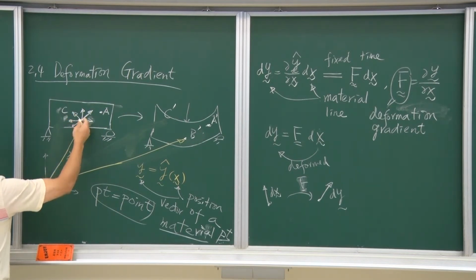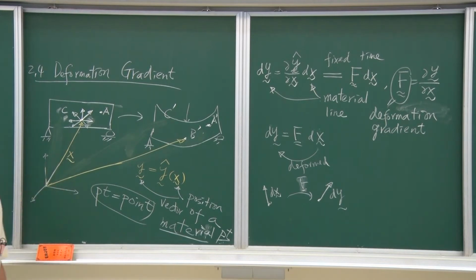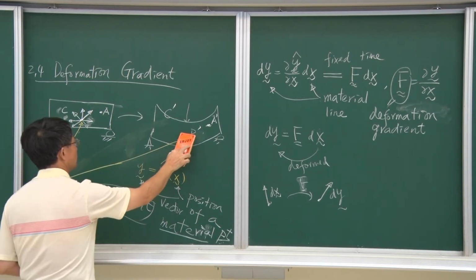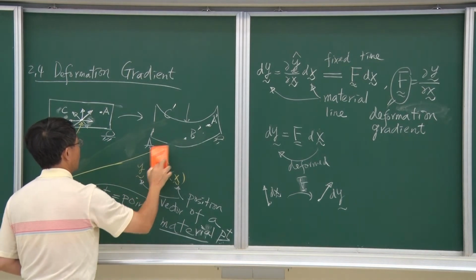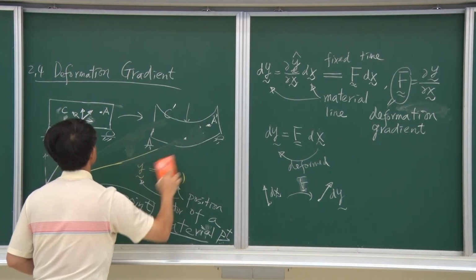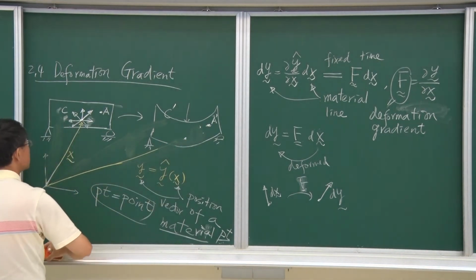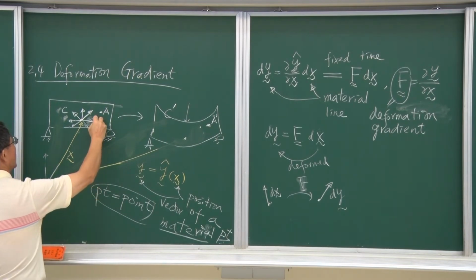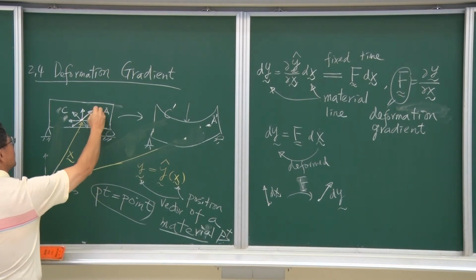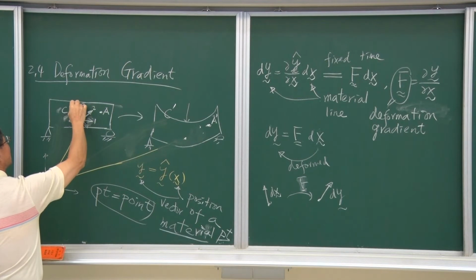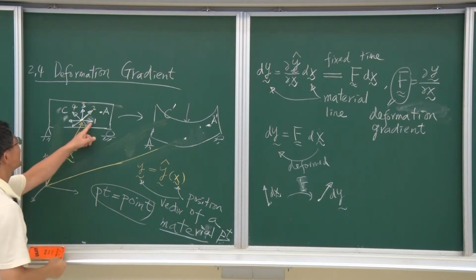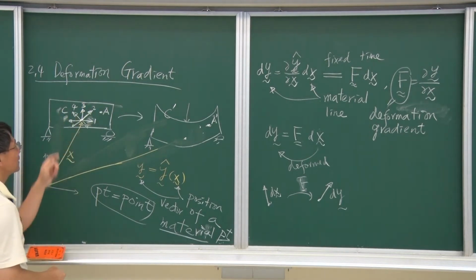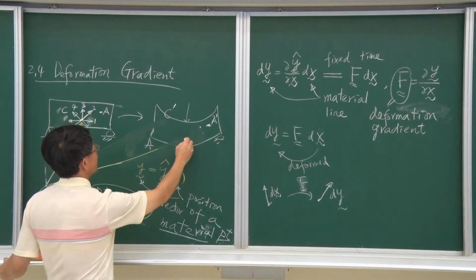See, around a point, we have infinitely many materials, and how they deform, where they go to here. This 1, 2, 3, 4, okay? This material and this material, where do they go?